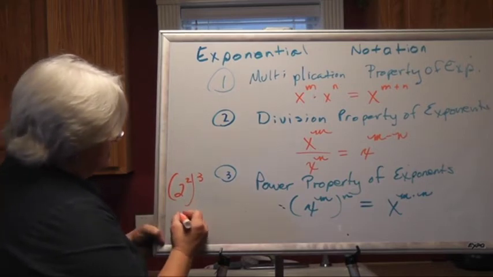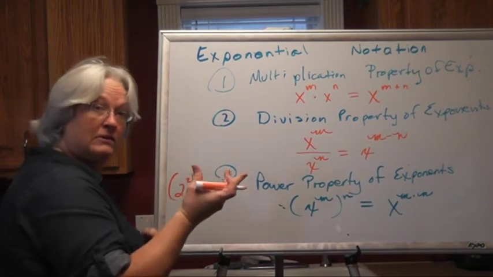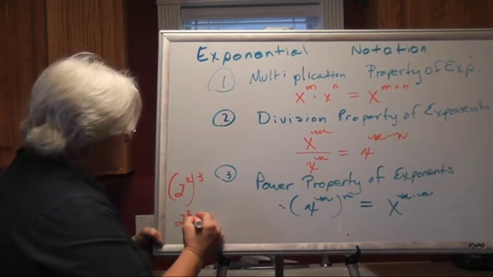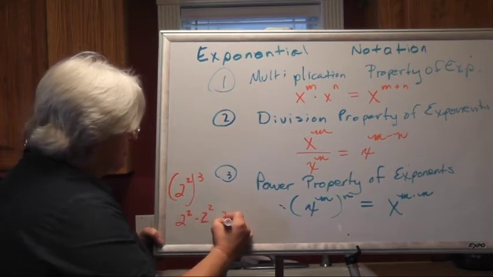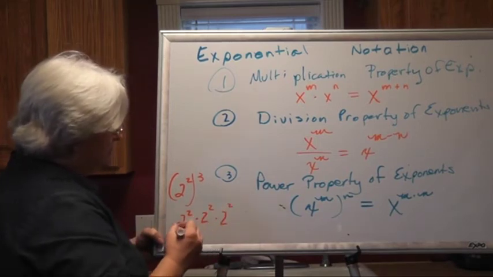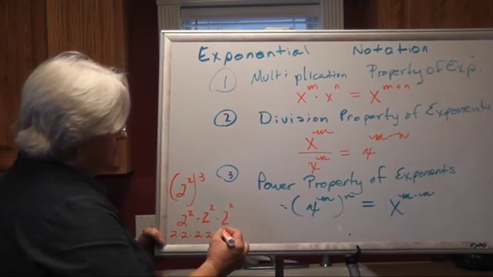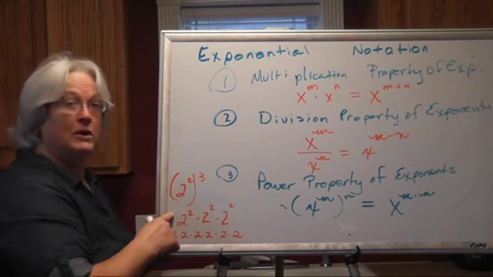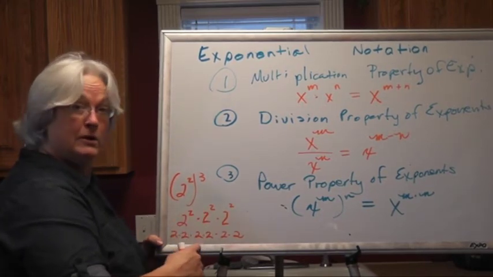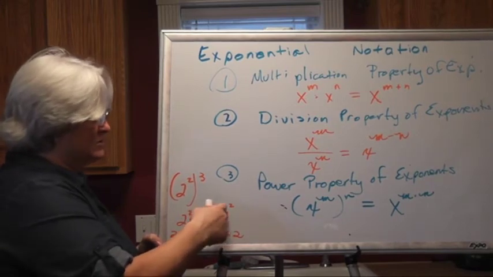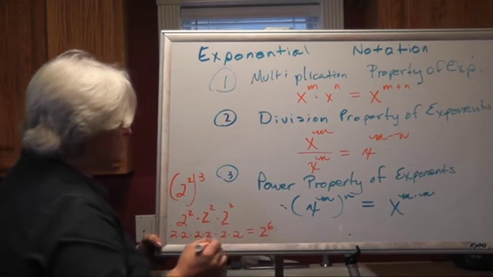This says 2 squared, that quantity inside the parentheses, is being used as a factor 3 times. So this becomes 2 times 2 times 2 times 2 times 2 times 2, because 2 squared is 2 times 2. 2 squared, 2 times 2, 2 squared, 2 times 2 is equal to 2 to the 6th.